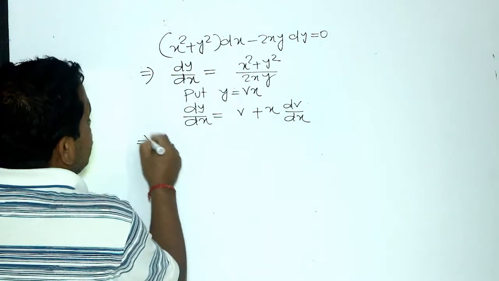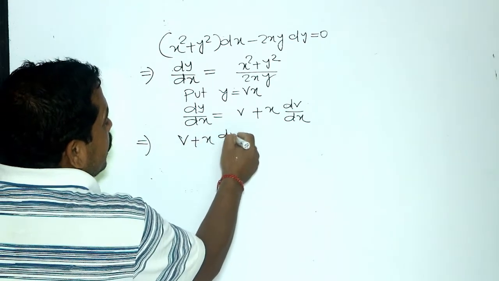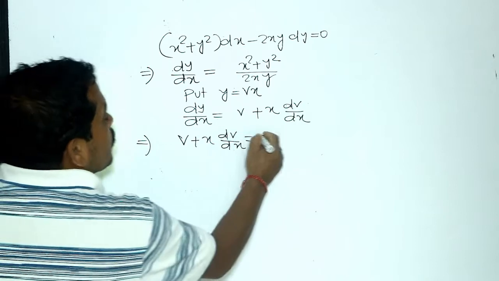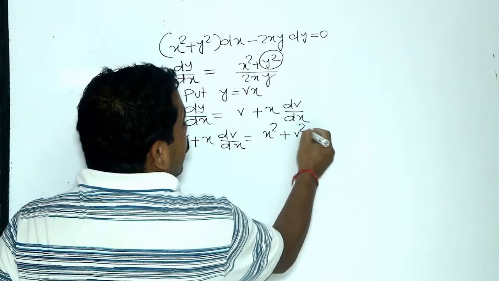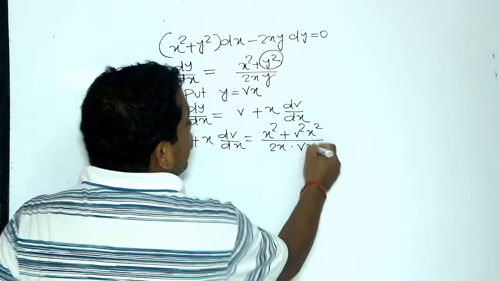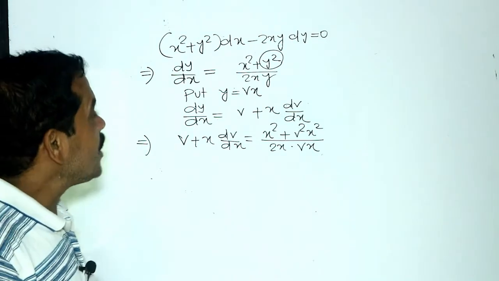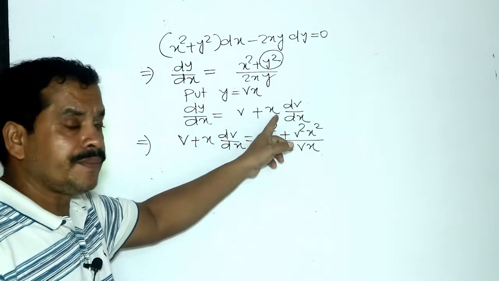So this differential equation becomes v + x dv/dx = (x² + v²x²)/(2x·vx), where y² is replaced by v²x². You first put y = vx, then find dy/dx.